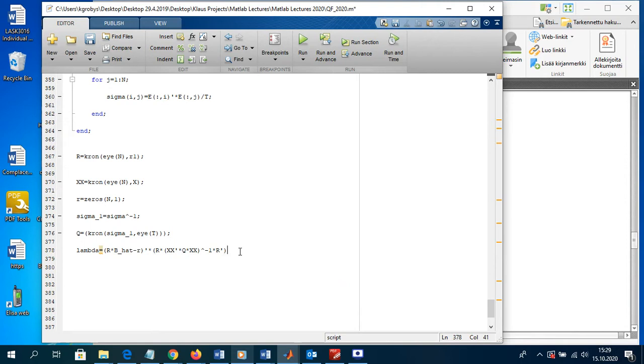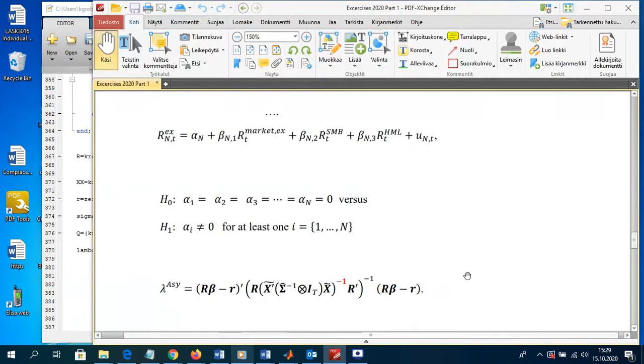Then we have to multiply it with this guy here again, but without taking the transpose. We just copy it, paste it here. And that's now our corresponding Wald test.